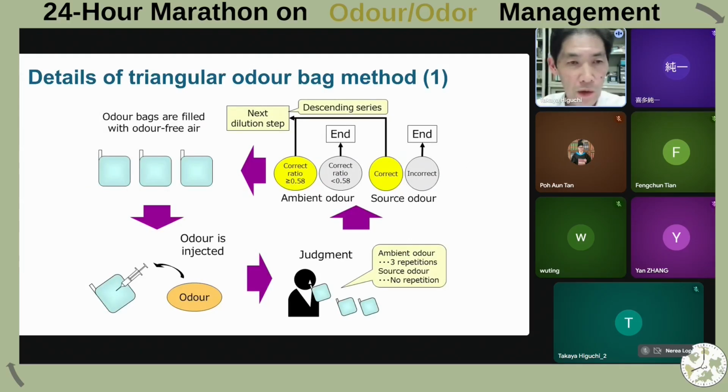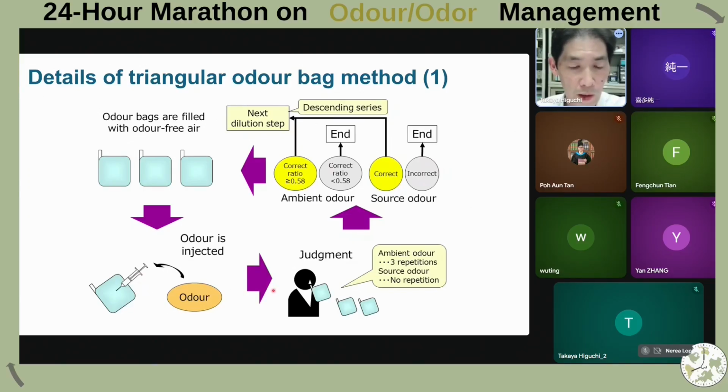This figure represents the outline of the triangular odor bag method. In this method, first, odor bags are filled with odor-free air. Then, odor is injected into one odor bag.